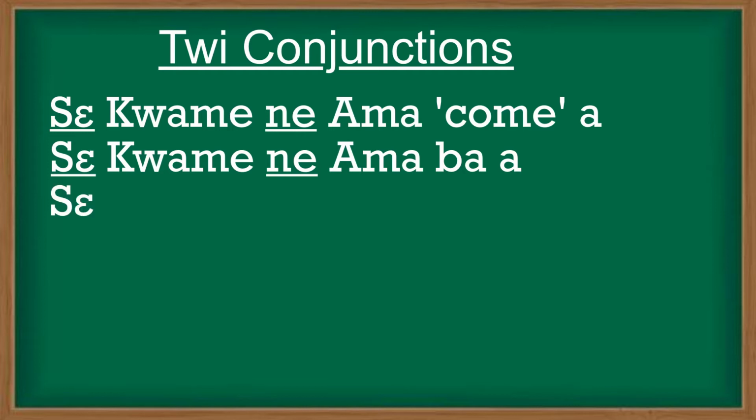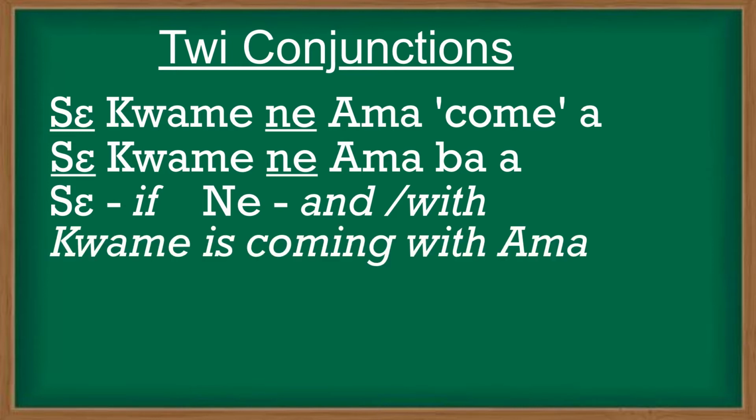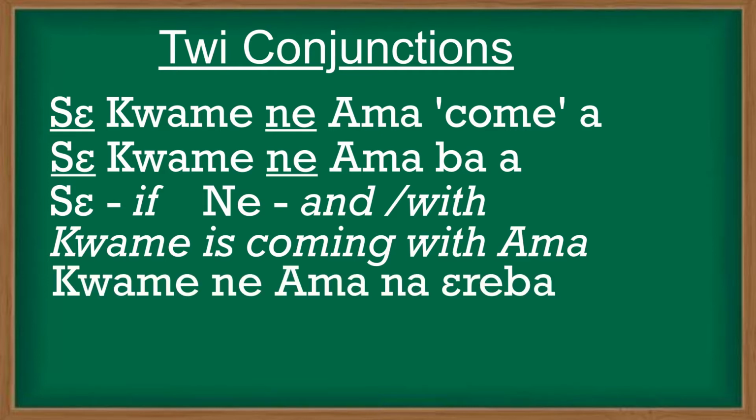Good. So we have se, which means if. And then we also have ne, which means and. But ne could also mean with. For instance, I can say, Kwame is coming with Amma. In Twi, I will say, Kwame ne Amma na eba. You see, for the with, I am using ne.